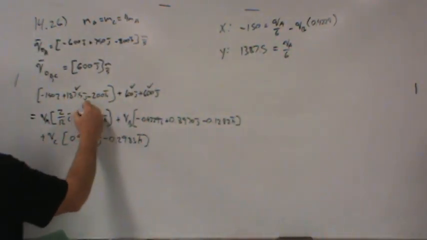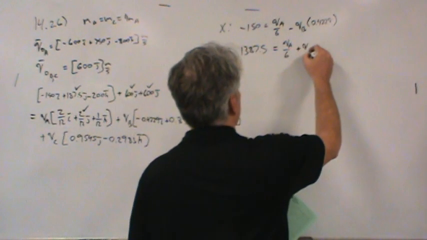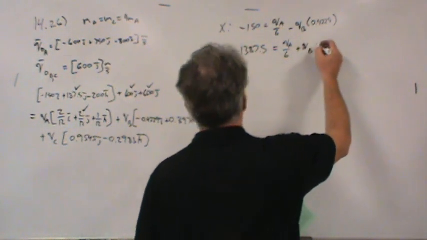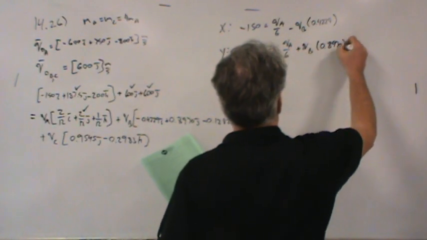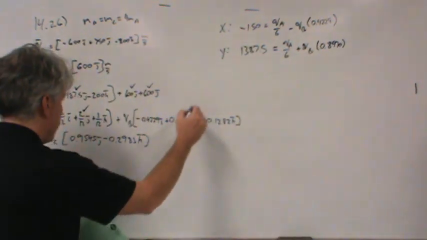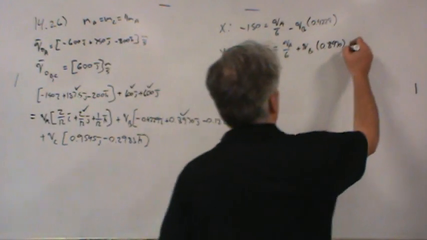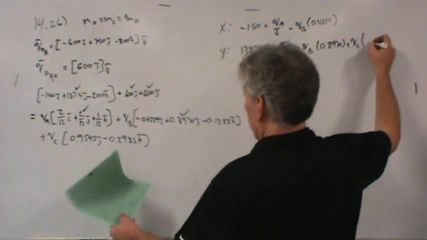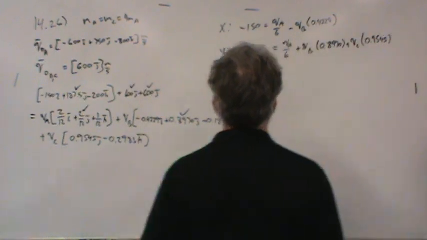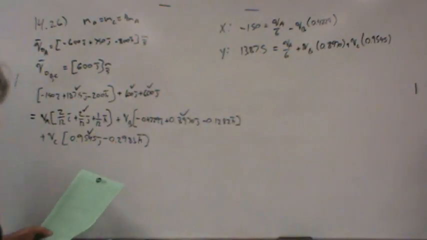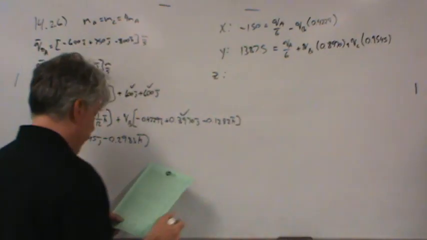My contribution from VB, we've got plus VB multiplied by 0.8970. It's this piece. And then finally, plus VC times 0.9545. That's this piece.